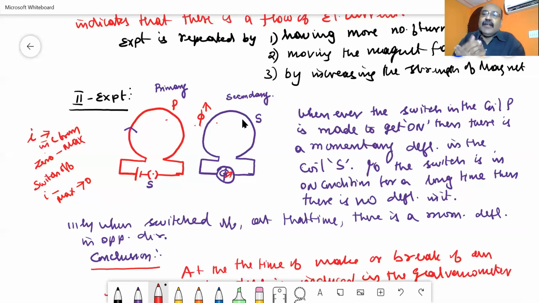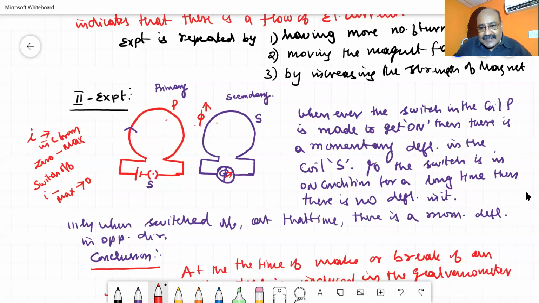Similarly, in the switching off condition, the current decreases from maximum to 0. So the flux decreases. When there is a decrease in flux, an EMF is induced and the deflection is produced in the opposite direction. Hope you have understood this.